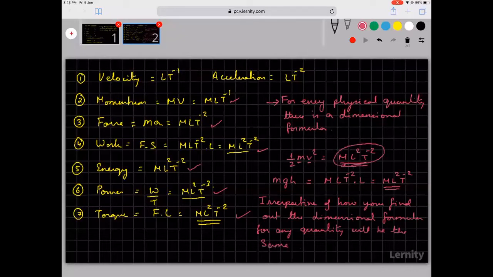See, I found out energy as half m v squared. I found out energy as m g h. So whichever way it is, as long as it is energy, its dimensional formula will be the same.